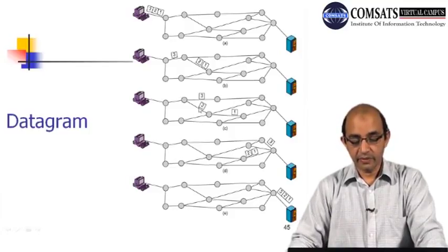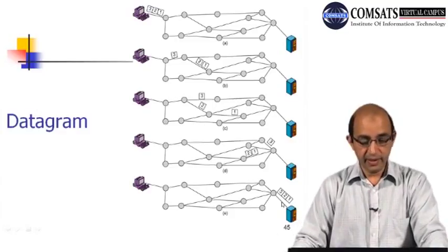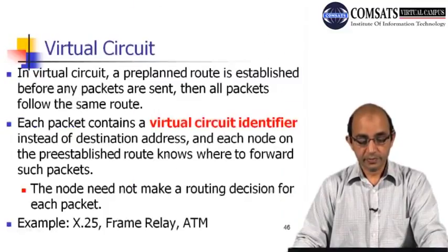So here, for example, this node will decide whether packet 3 will go here or here. And at this node, it has to decide that for packet 2 which will arrive, the next route will be here or here. So you can see that the arrival is out of order.